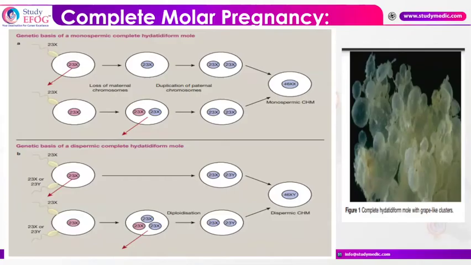The genetic material in this ovum may have been lost either before or after fertilization. The remaining 25% arise from the fertilization of an empty ovum by 2 sperms. See here, dispermic complete mole. Very rarely, complete moles occur due to the fertilization of an enucleate ovum by a diploid sperm, which has unsuccessfully undergone meiotic division.